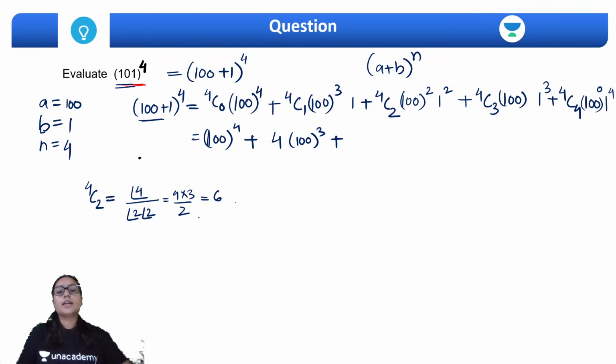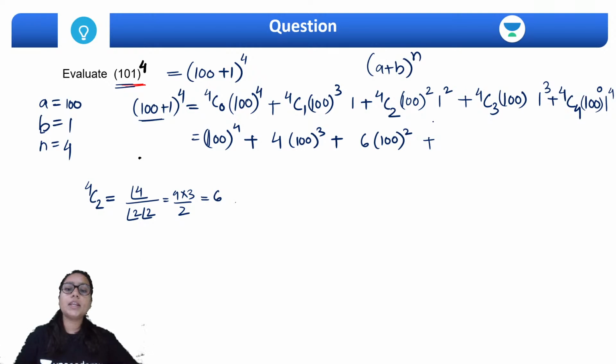Correct, 6. So I am going to put 6 here, so this is 6 into 100 square. Then 4C3 will be equal to 4, so this is 4 into 100. And then 4C4 is 1 into 1. Okay, so this is the value.